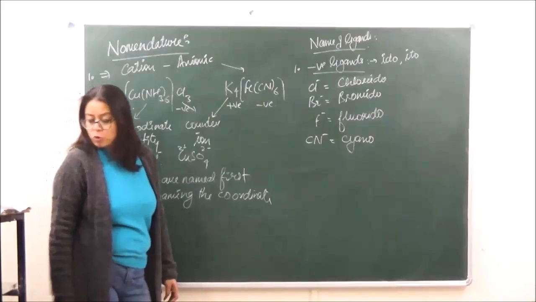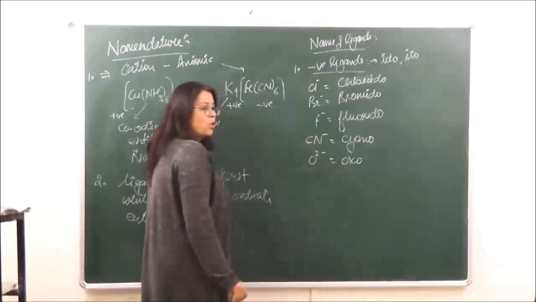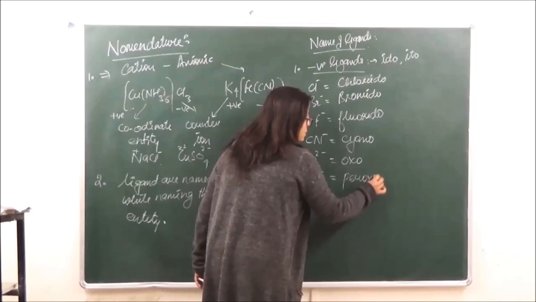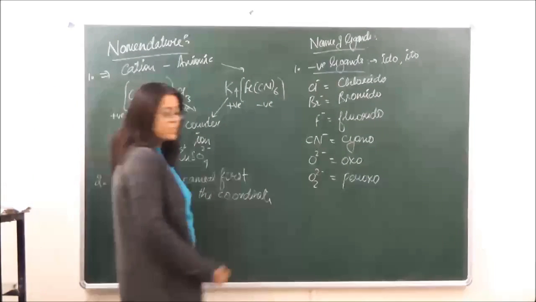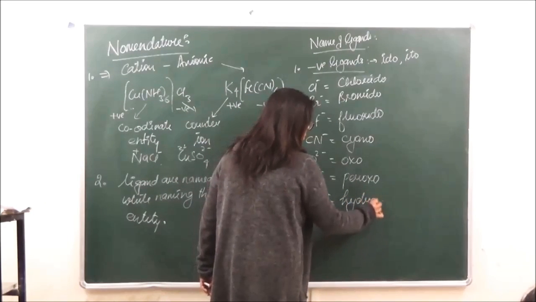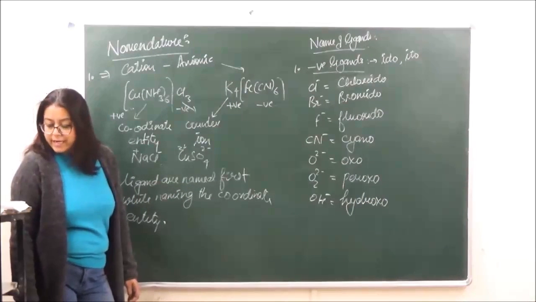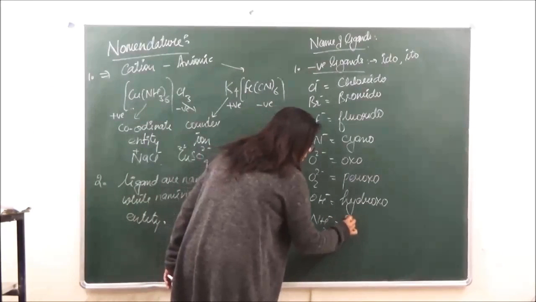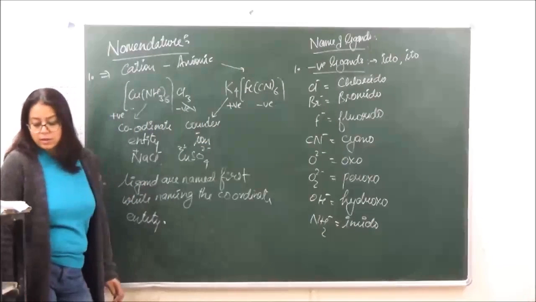If we have O2- negative, oxo. If we have O2 2 negative, then this is named as peroxo, right? Then we have OH negative, hydroxo, right? Then we have NH2 negative, it is named as imido, okay?